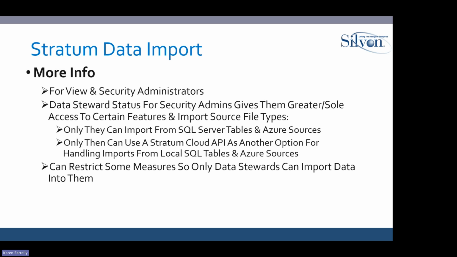I'm not going to be walking through an example of this API, but there is a section in viewer help that talks about that type of way of kicking off data imports. Additionally, what's nice about some of the features in Stratum Data Import, you can restrict some measures so that only data stewards can import data into those measures, not the entire population of view and security administrators. So that's a nice security feature.